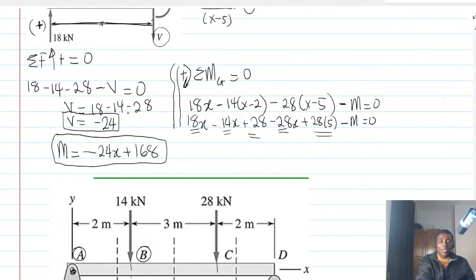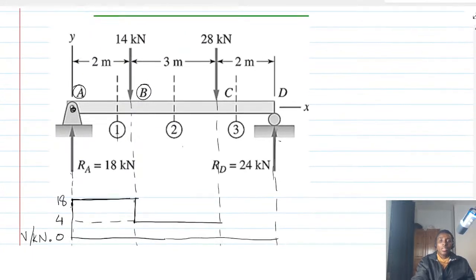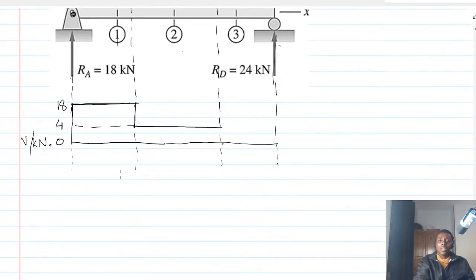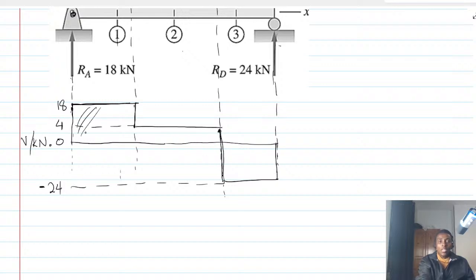So 18 minus 14 minus 28 is minus 24. All right. So basically, it means that the shear force came down and then it exceeded the zero line all the way to minus 24. So we are done. So now this is the plot of the shear force. That's all.